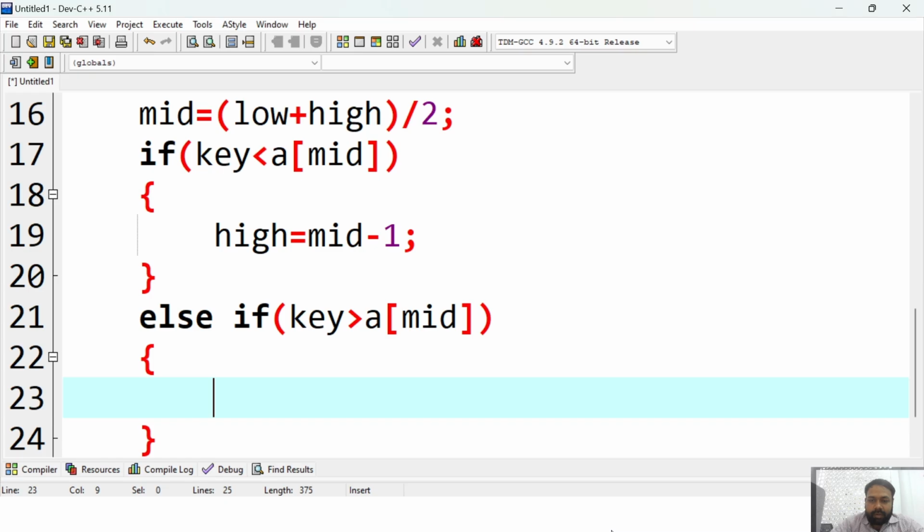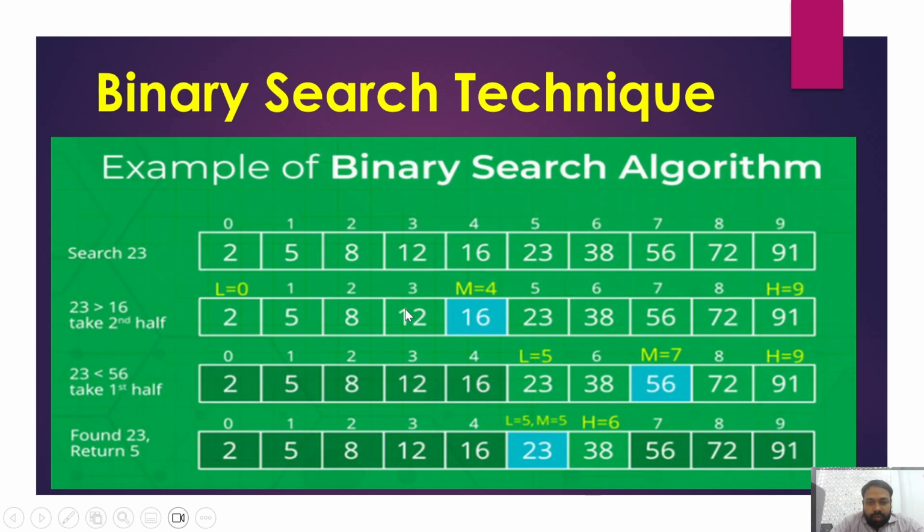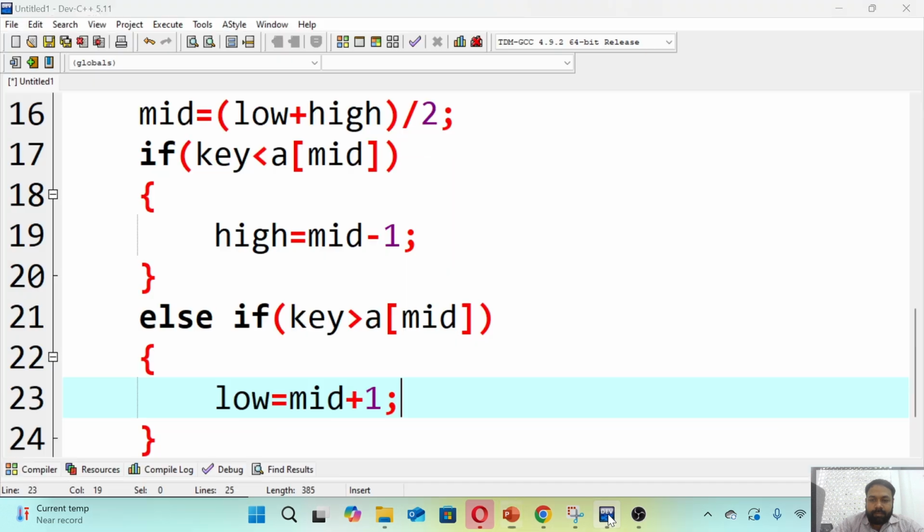That is what I am going to write. Low equals mid plus 1. Look here, if your element is in the first half, low is there, but high is nothing but mid minus 1. For suppose your element is in the second half, high is there but low is not there, which is nothing but mid plus 1. That is what I am trying to do here.